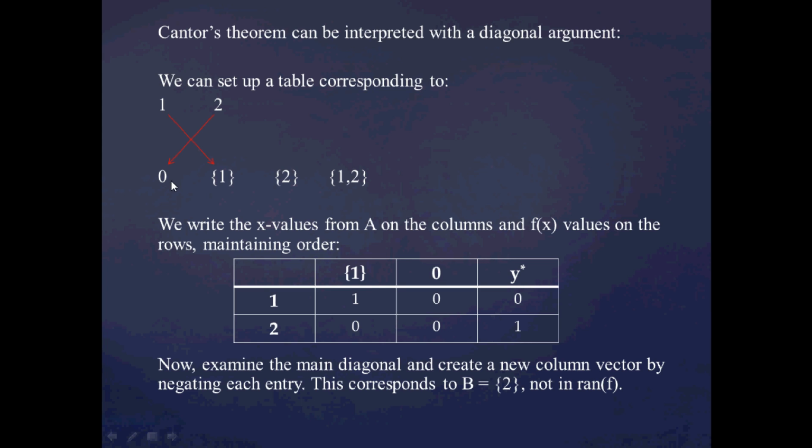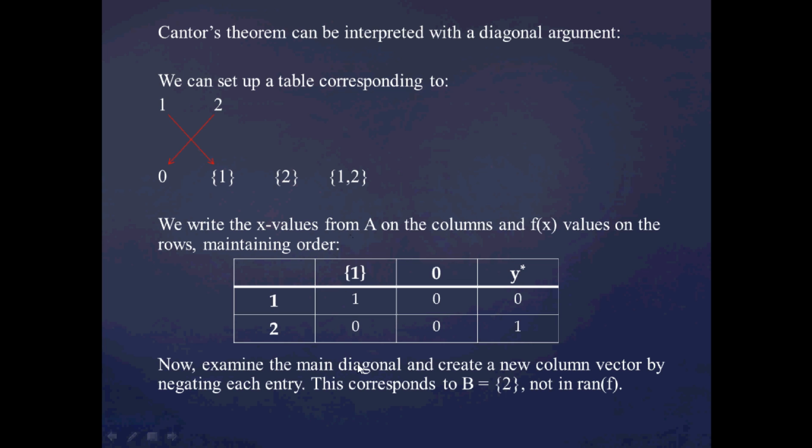So what I'm going to do is write 1 and 2 on the rows like this. The first row corresponds to x equals 1. Then the second row corresponds to x equals 2. And now the first column right here is going to correspond to f of 1, which I saw was the set containing 1.